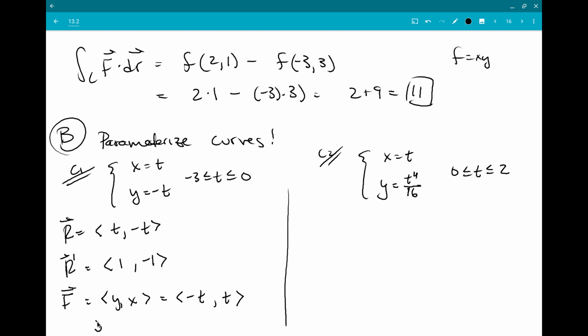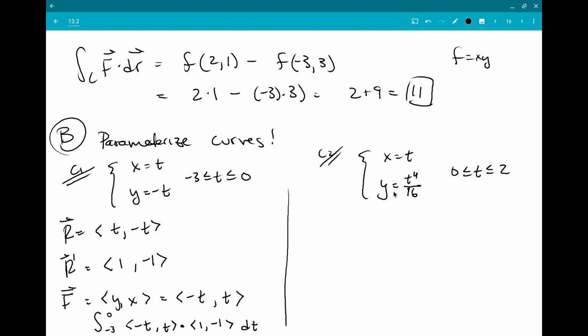And so the integral that we have to set up is over the bounds, -3 to 0, dotting f that only depends on t with r prime that only depends on t, integrating with respect to t. We'll evaluate that in a second.